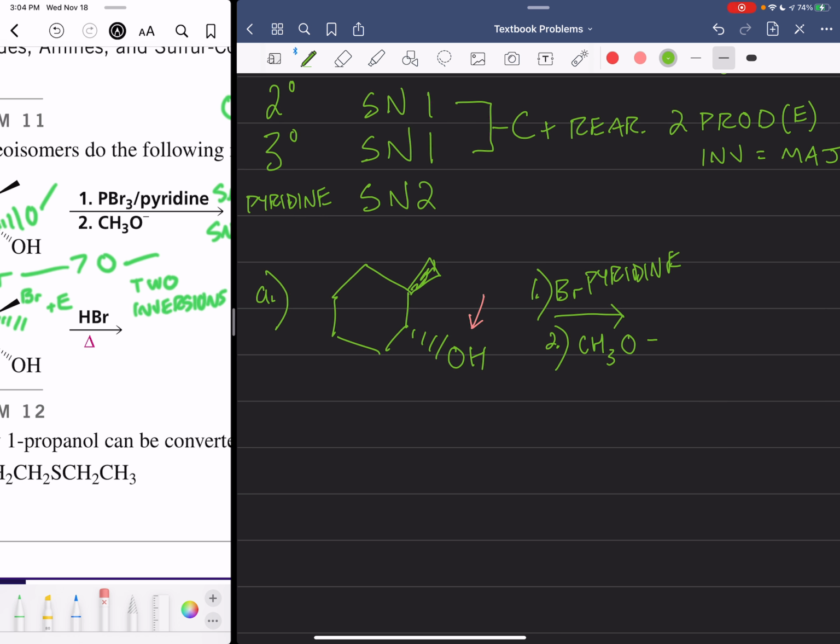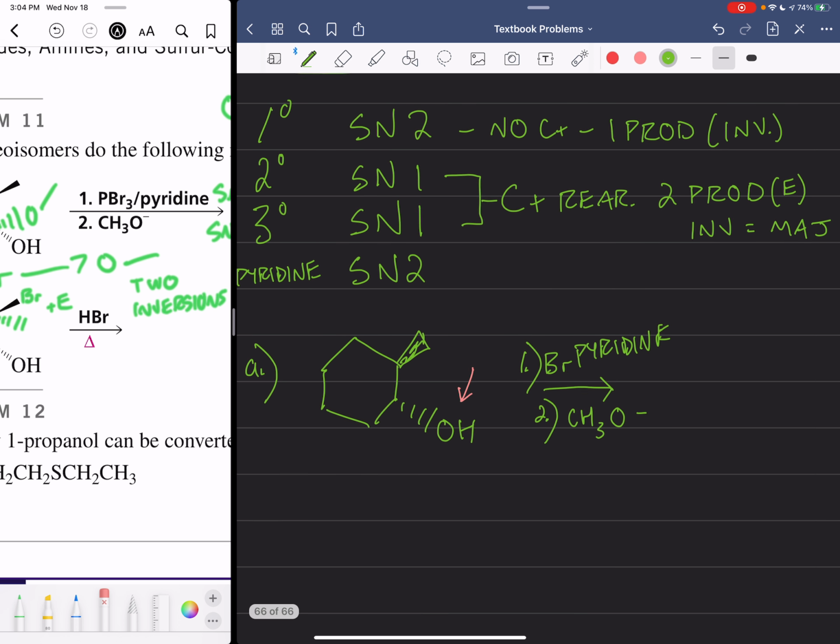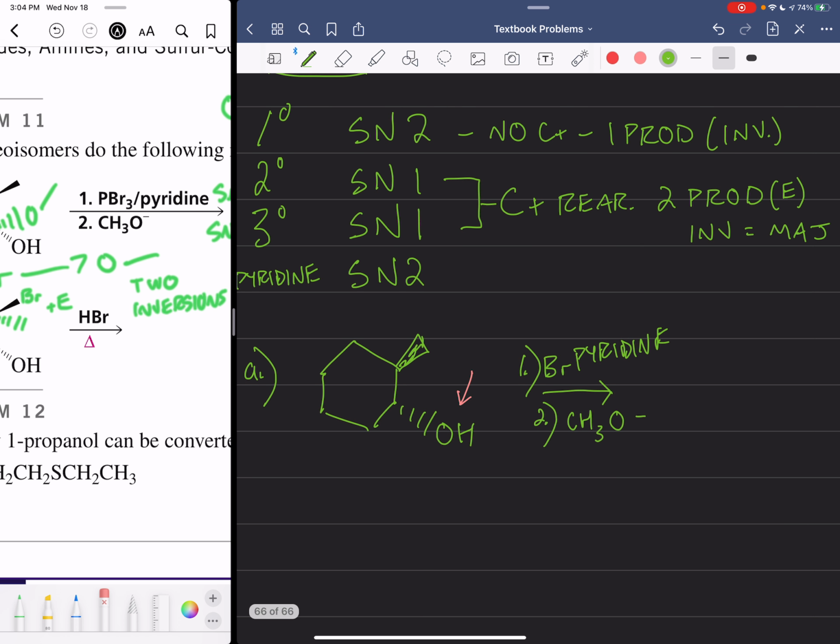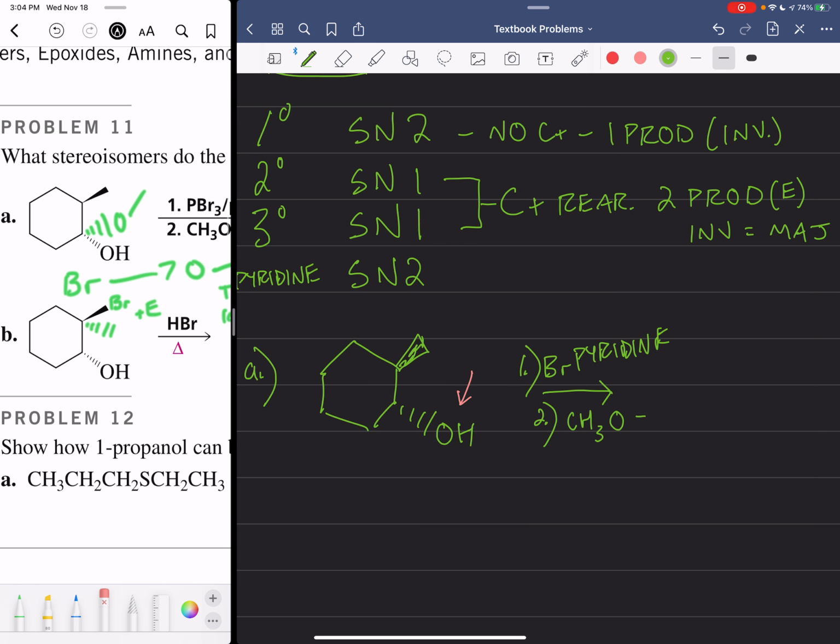All right, so what's the Br pyridine gonna do? Well, first of all, this is a secondary alcohol, and this is gonna go under SN1. So we are subject here to carbocation rearrangement, okay? Oh, but, see, I almost fell for it.